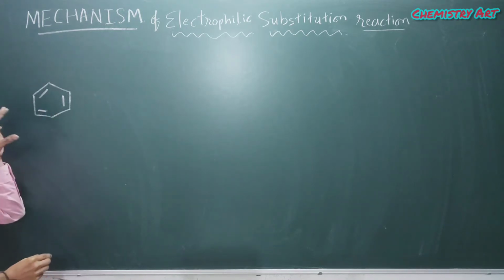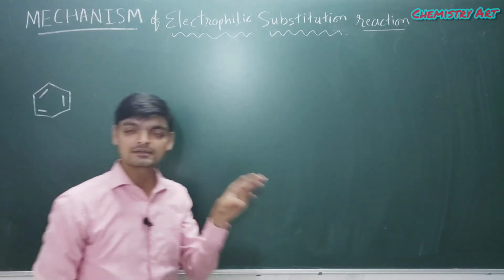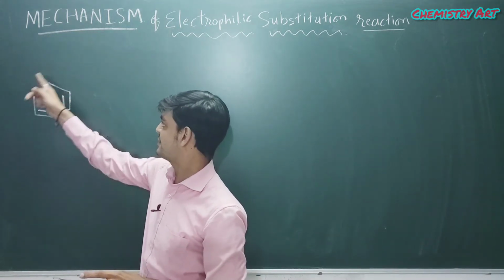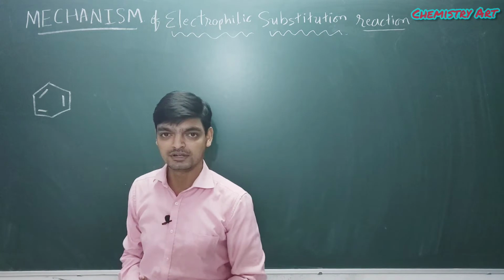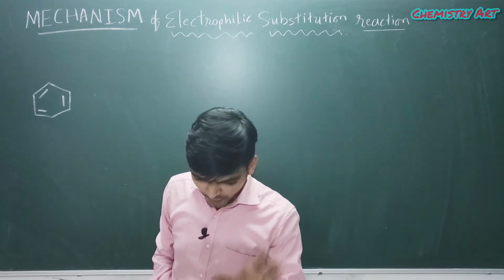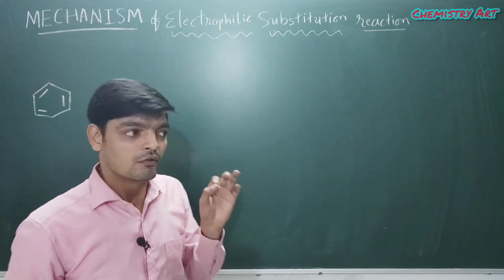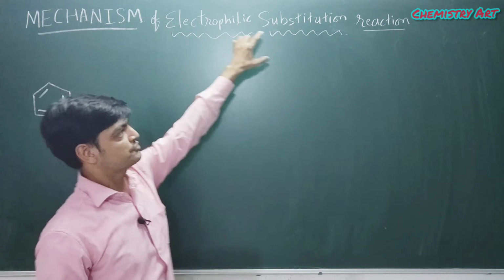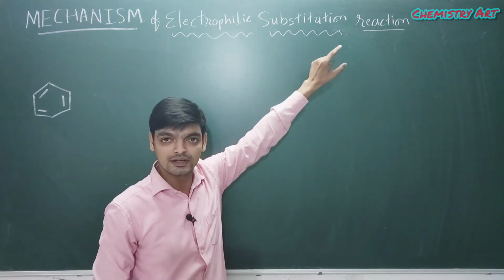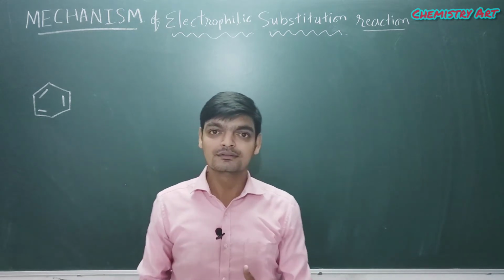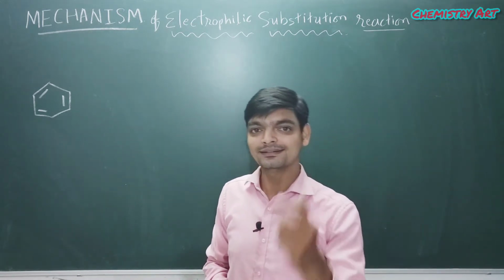In benzene there are six carbons, 1 2 3 4 5 6, and every carbon has one hydrogen, so its chemical formula is C6H6. For electrophilic substitution we require an electrophile, and I will explain this mechanism in 3 steps.